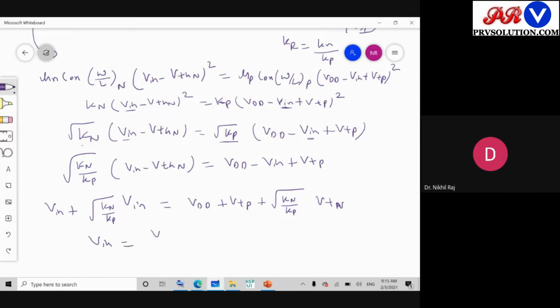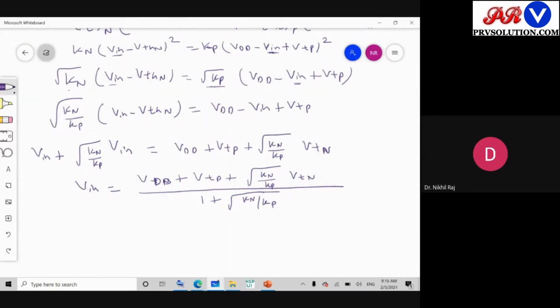That Vin expression will take the form of VDD plus VTP plus square root of Kn by Kp Vtn, divided by 1 plus square root of Kn by Kp. Okay, so this is the Vin expression.